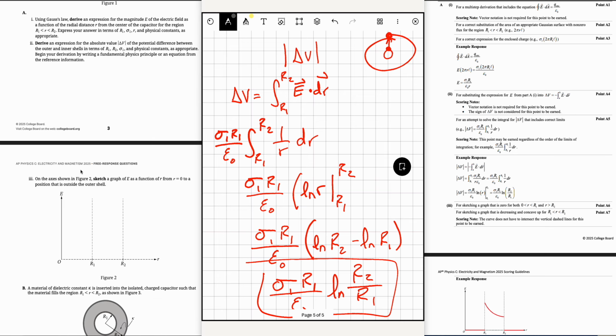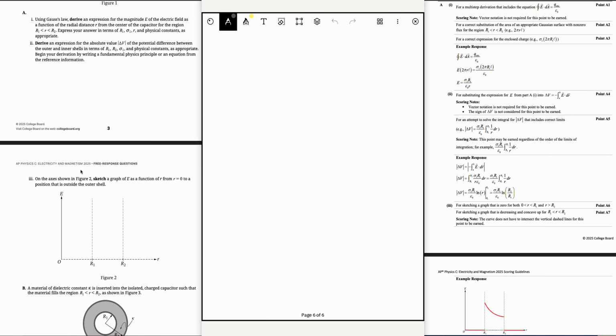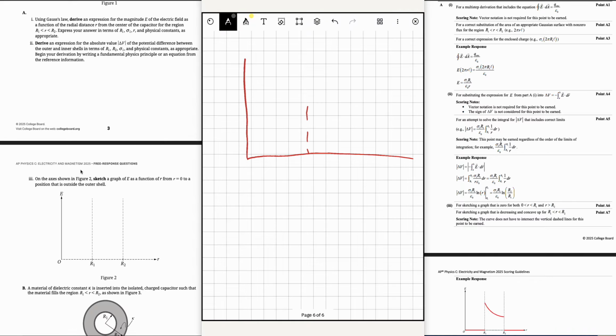All right, there's one part of this question left, which is to graph the electric field as a function of R from 0 to R1 to R2. Well, you should say to yourself when you hear that question, I already know what the electric field is from R1 to R2. I solved for it. It's a bunch of constants. I'll summarize those as K times 1 over R. So this is the same structure as y equals some constant K times 1 over x.